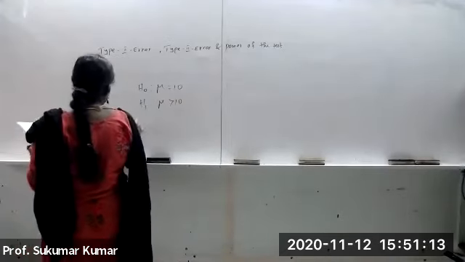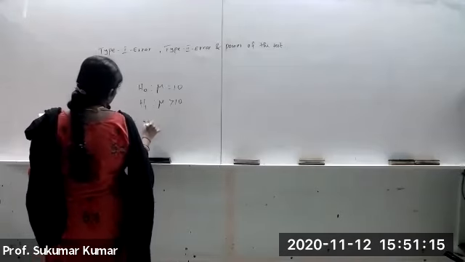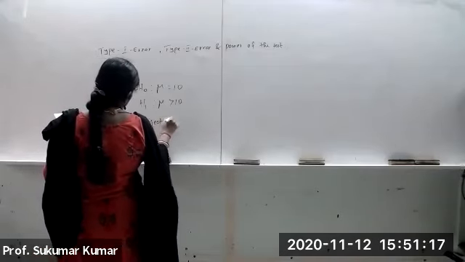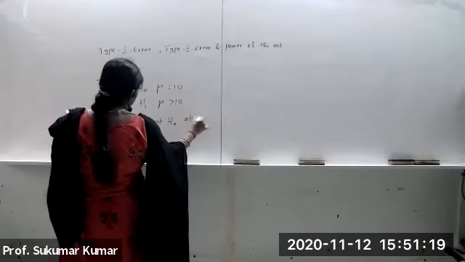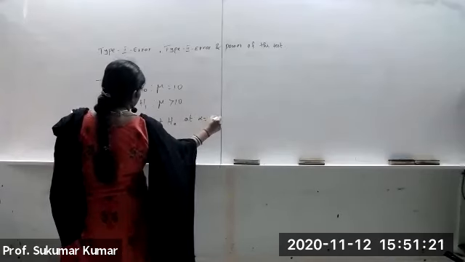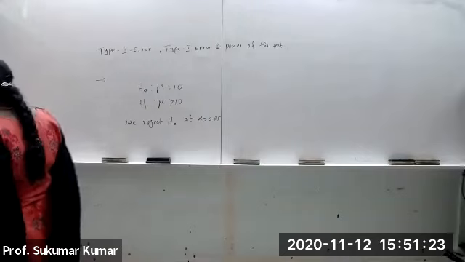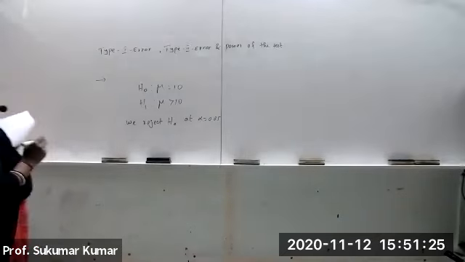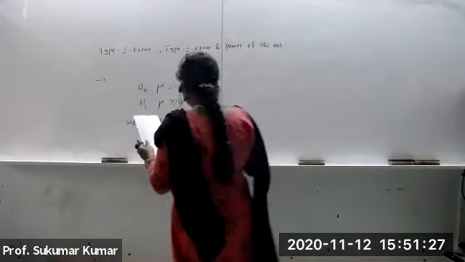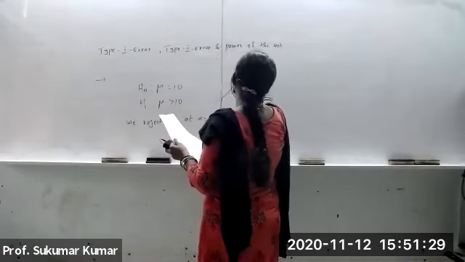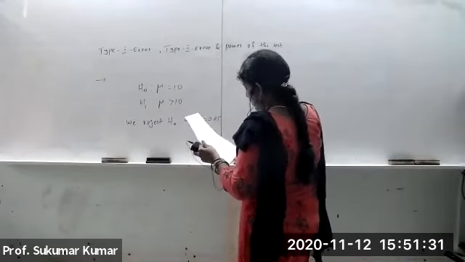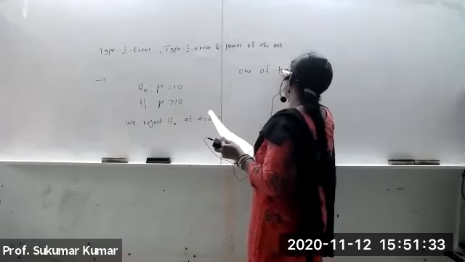And we reject H naught at alpha equal to 0.05. So in this given case, one of two things occurred.